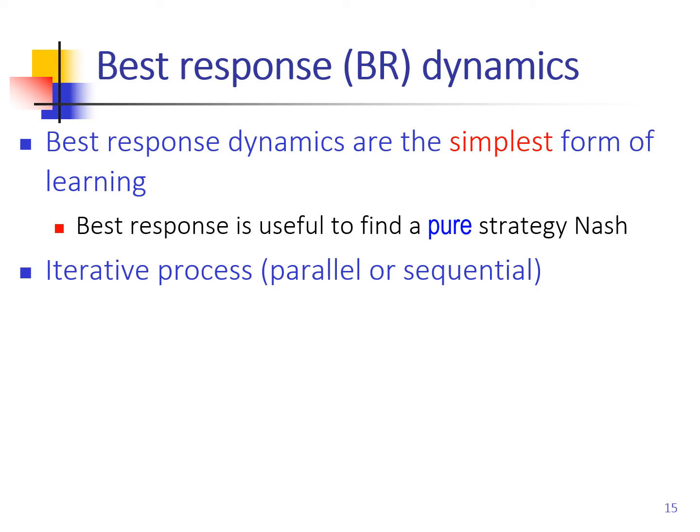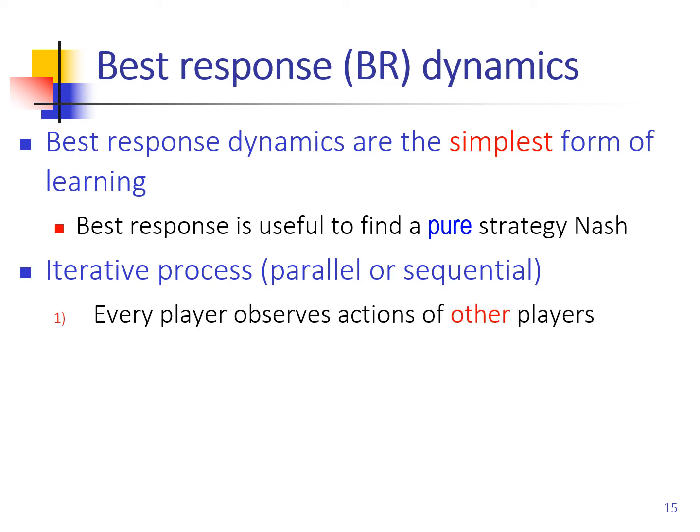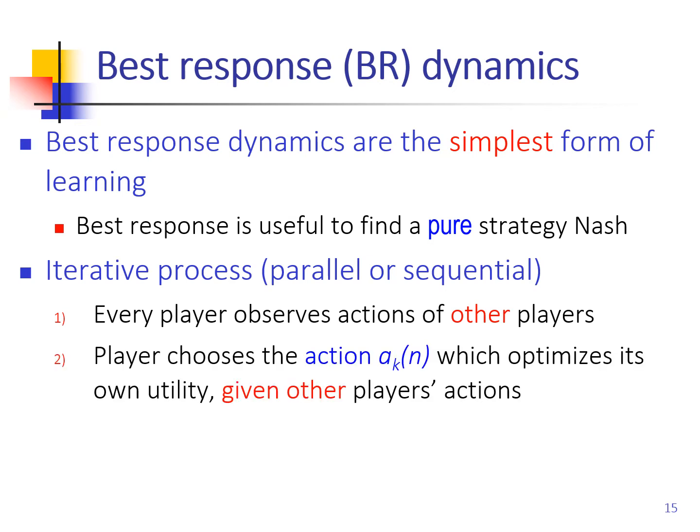Now, this algorithm can be used in parallel, where agents use it at the same time, or it can be sequential, where every player observes the actions of other players. The key point here is that you can observe what other agents are taking as an action. Remember, we said before that we need to understand what type of information we have. Here it's an assumption that the player observes the actions of other players.